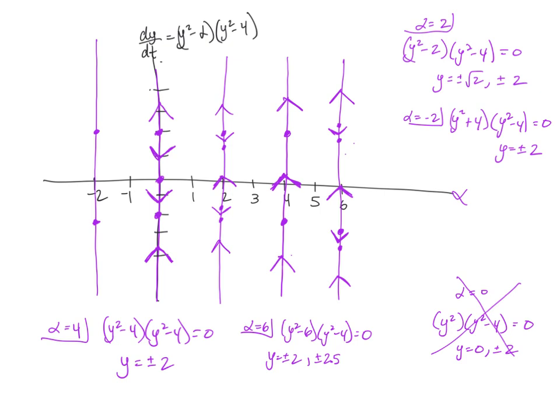And if you plug in a 0, this is positive and this is negative. Positive times a negative is a negative, so you have a down arrow. And then plug in like 3. So this is going to be positive and positive, so you have an up arrow. What happened to my down arrow? Down, up, and up. So there are all my phase lines.